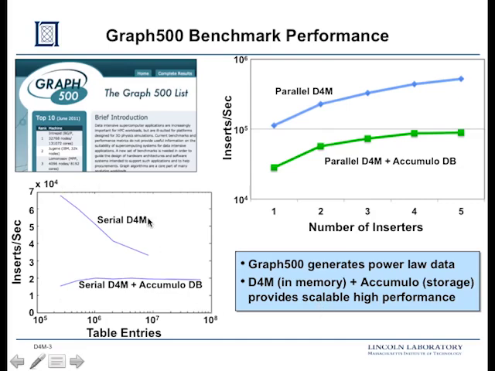I'm comparing this also with just D4M without a database. If I just have triples and I construct an associative array, how fast does it do that? Obviously D4M is limited by how much memory you have on your system, but it shows that constructing an associative array in memory is faster than inserting data into a database by a good amount.